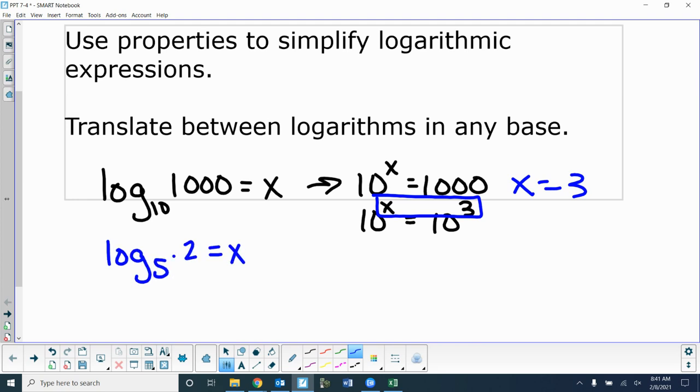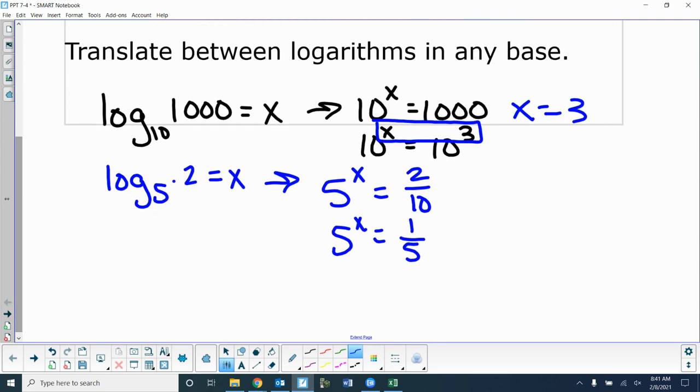Right, equals x. So that's 5 to what power equals 0.2, which is 2/10, which reduces to 1/5. So I can write 1/5 with the exponent, or I'm sorry, base of 5. 5 to what power is 1/5? -1, right?